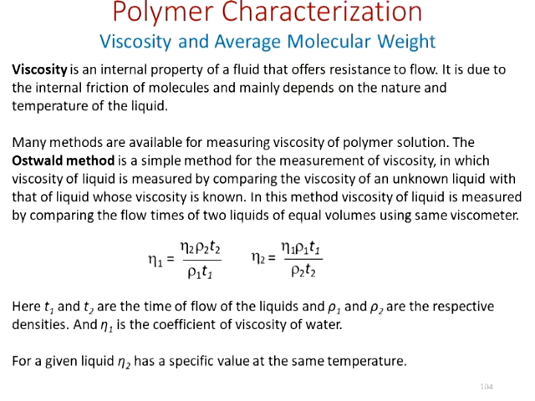Now, in this particular method, the viscosity of the liquid is measured by comparing the flow times of the liquid, okay, with equal volume using the same viscometer. And you basically set up an equation here where you can calculate the viscosity of the unknown.